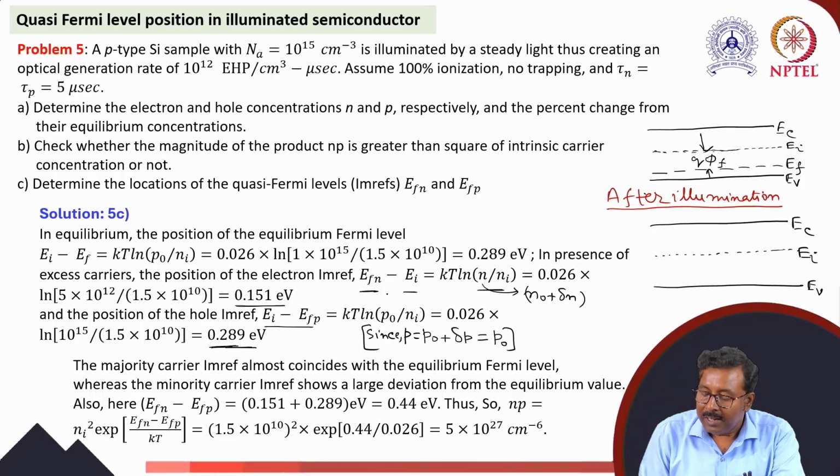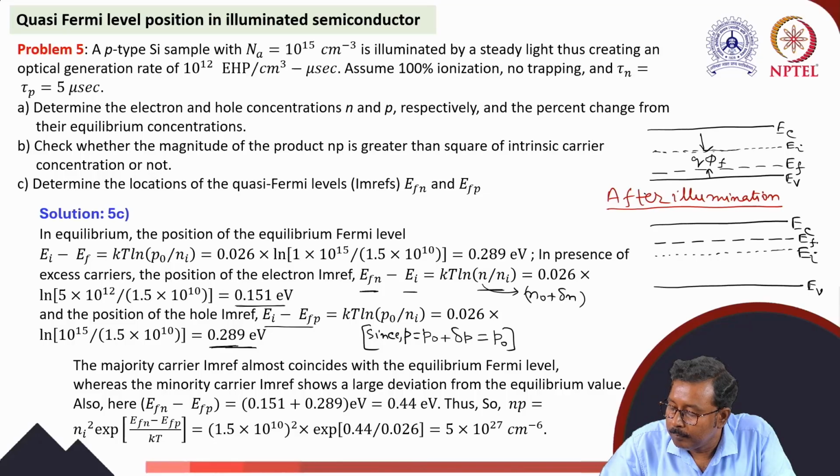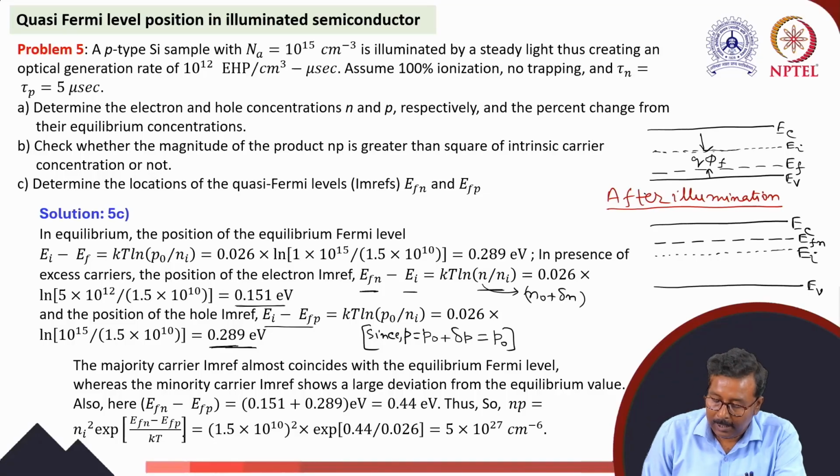EFN is above EI by an amount of 0.151 electron volt, and EFP is almost equal to EF.